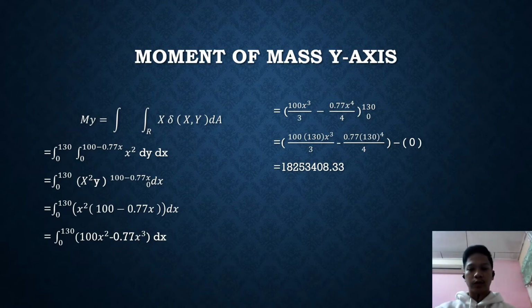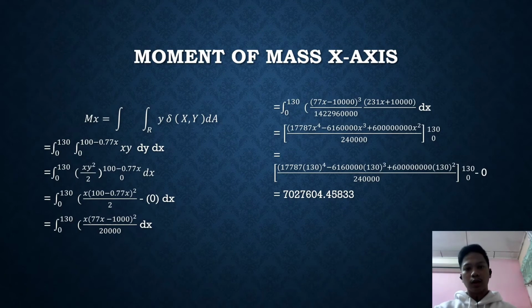182.53408.33. After we get this answer, we get the moment of mass for the y-axis. After we get the moment of mass for the y-axis, we need to find the moment of mass for the x-axis. So we still use the double integration method and solve the equation.